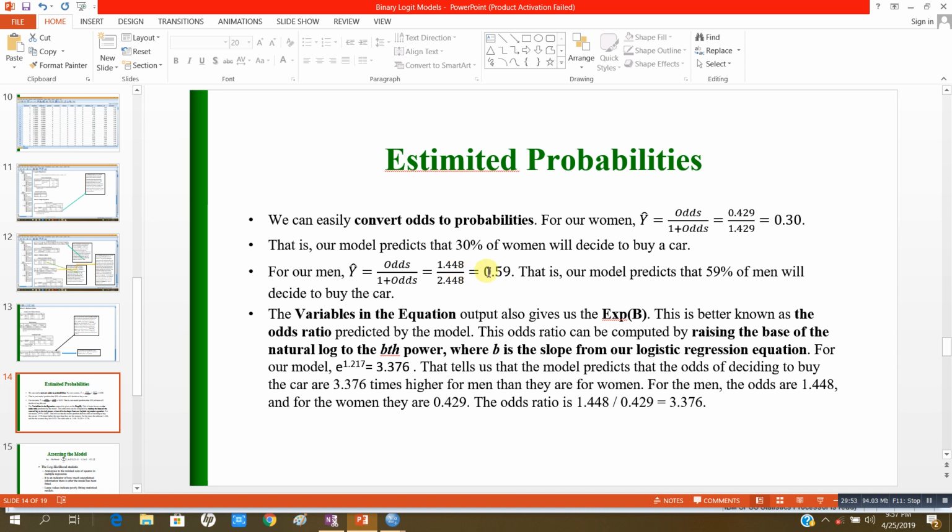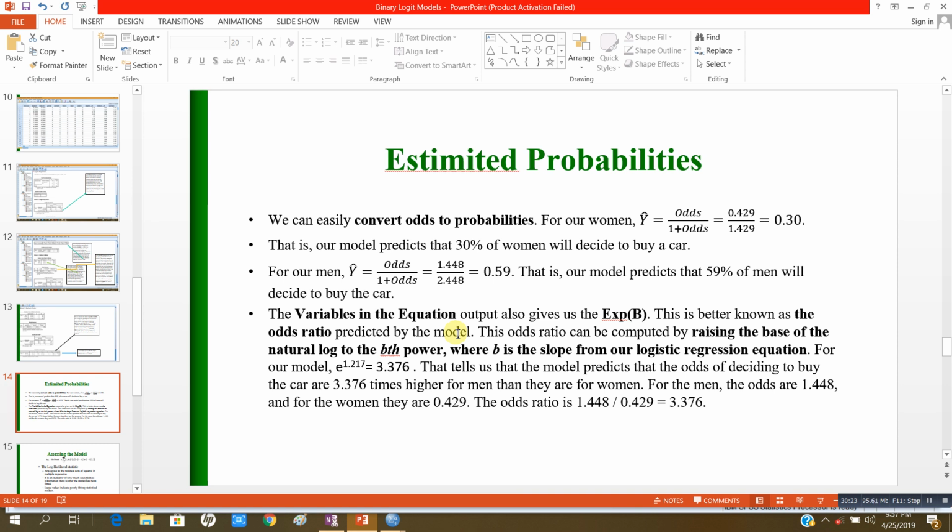The variables in the equation output also give us the exponentiated B, better known as the odds ratio predicted by the model. You have already seen this in the output table, the variables in the equation. This odds ratio can be computed by raising the base of the natural logarithm to the bth power, where b is the slope from our logistic regression equation.